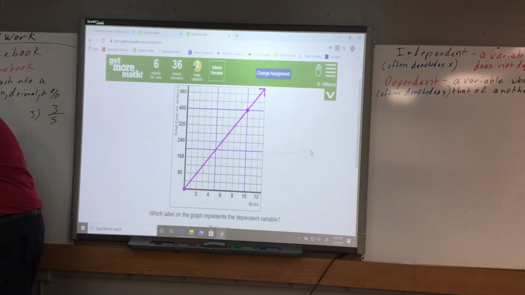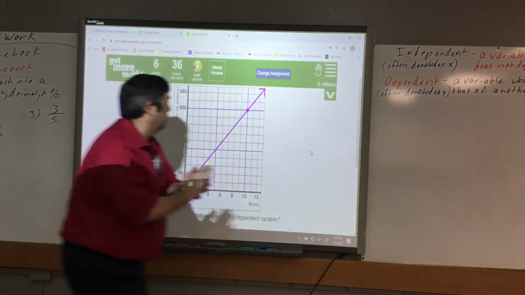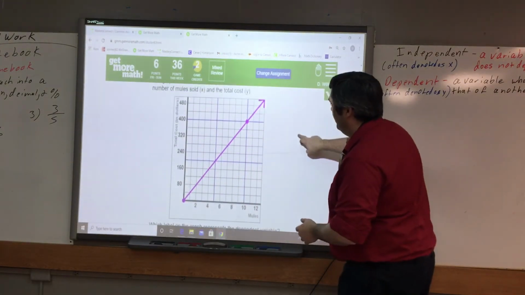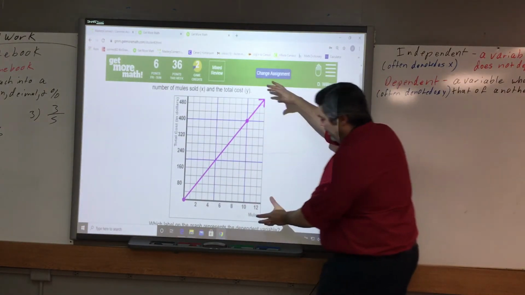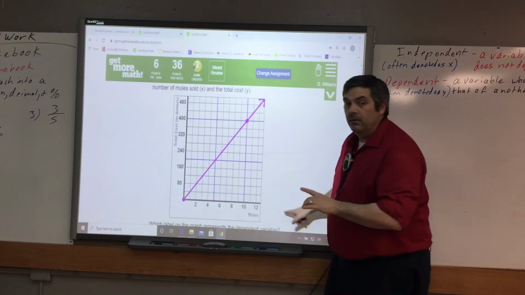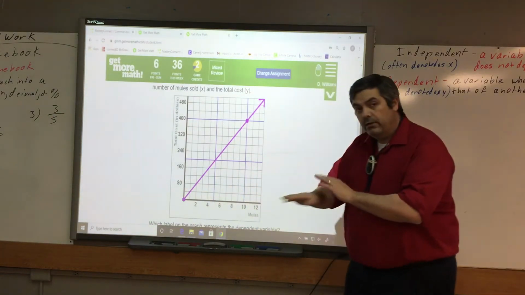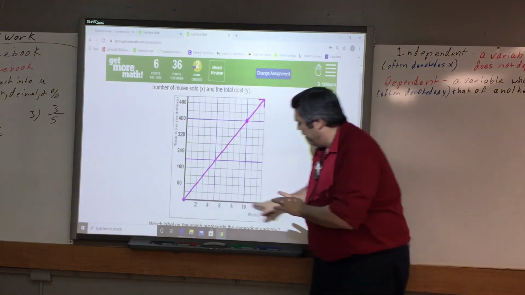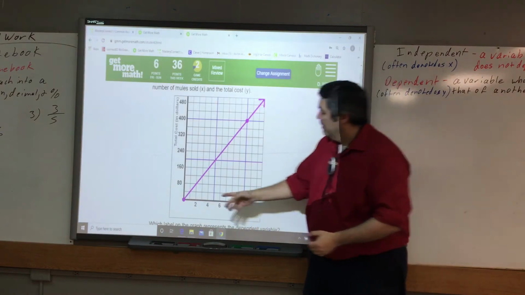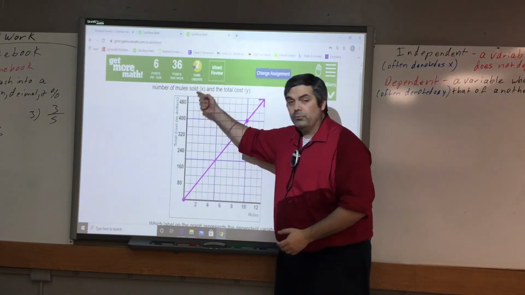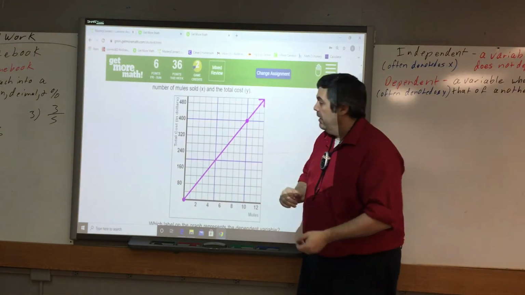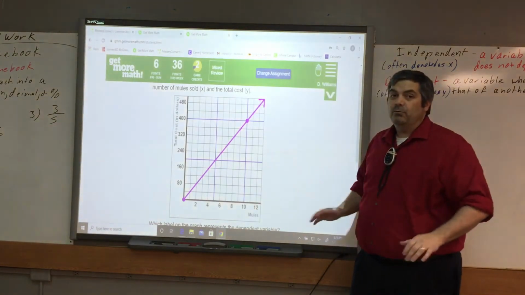Make it where you can see it. How's that? That better? Okay. All right, so here we have our whole graph. Now remember, the X's go horizontally. So this right here are your X's. This is your Y. Y's go vertically. If you understand that, this becomes way easier.